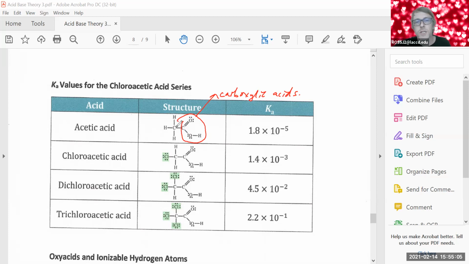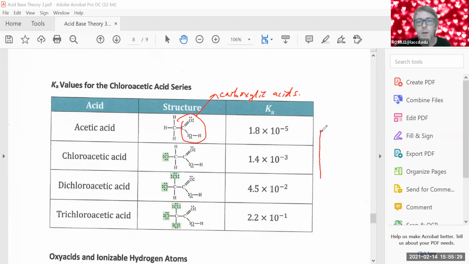Here we have just carbon with 3 H's. Here we start to annotate carbon with a Cl, which is more electronegative, carbon with 2 Cls, and carbon with 3 Cls. So we've got acetic acid, chloroacetic acid, dichloroacetic acid because we have 2 chlorines, and then trichloroacetic acid because we have 3 chlorines. Look at the effect on acidity.